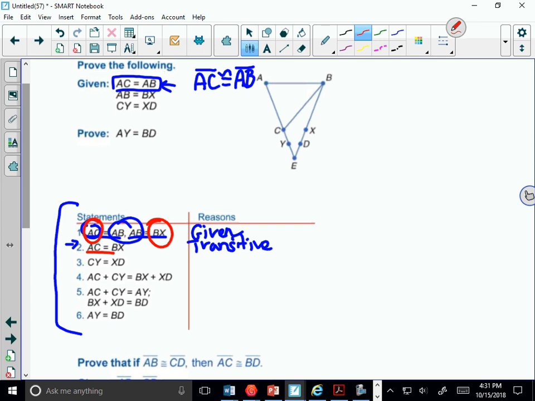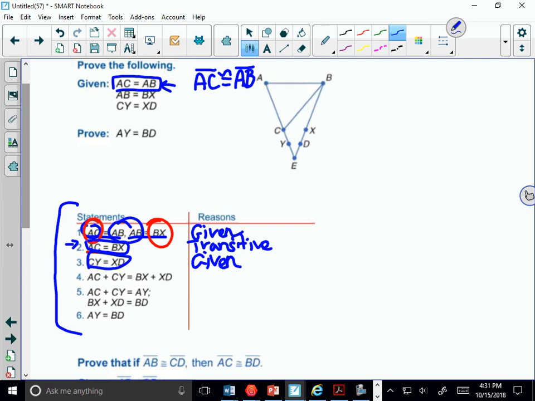Okay. CY equals XD. That's another given. So they split it up a little bit. It's a little goofy, but we're going to go with it. So that's given. And now they're saying AC plus CY equals BX plus XD. Well, what's that all about? You might say that you're basically just taking this and adding it to the other one.